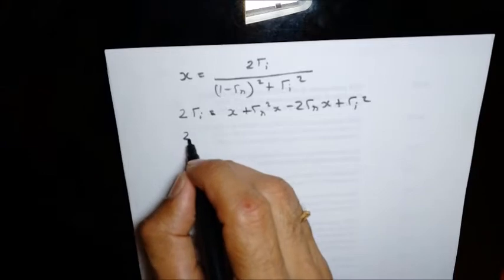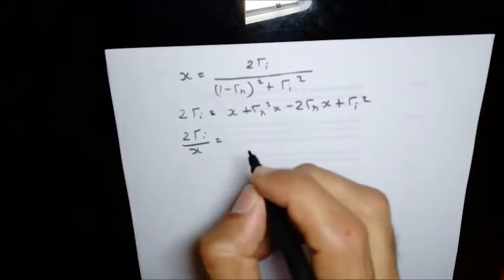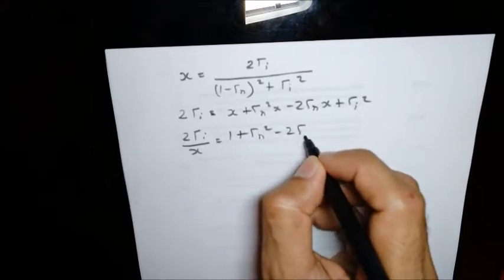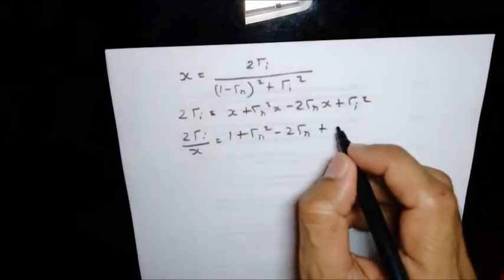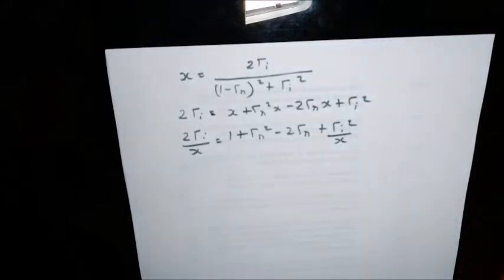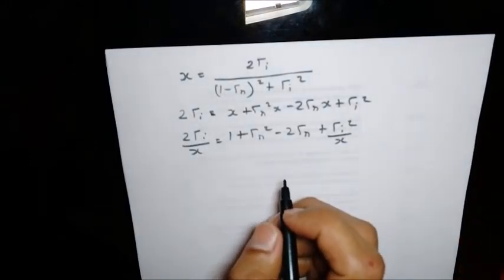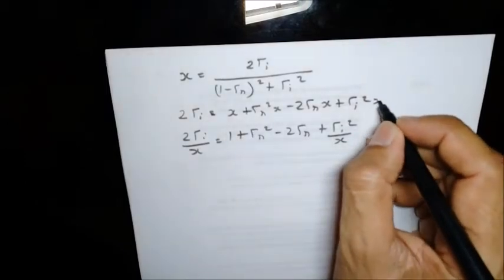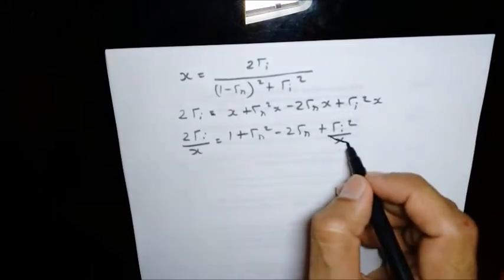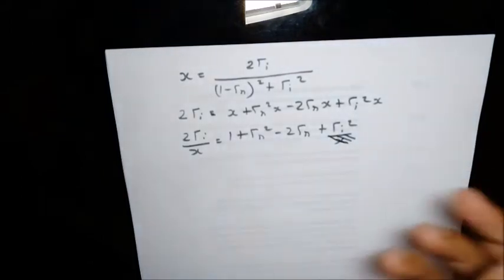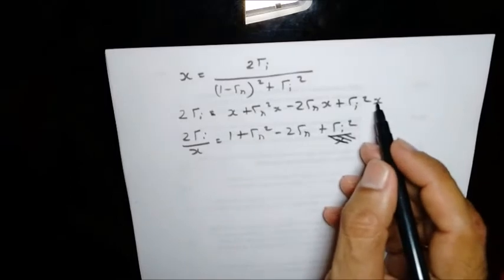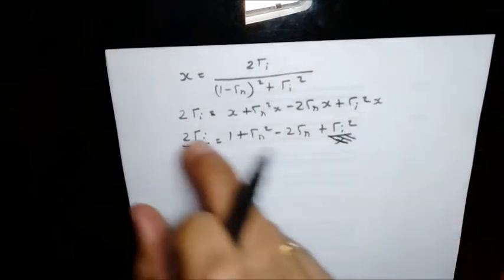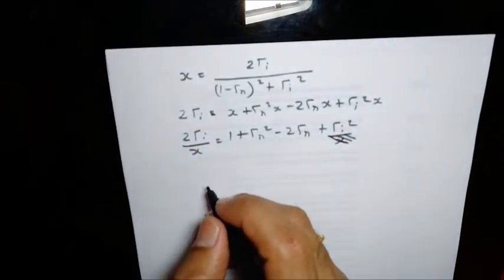So dividing by x, we get it like this, and there is a small mistake here. There should have been an x here, so that means there is no x here. It's a small discrepancy. I've corrected it here. There should have been an x here, which I didn't write earlier, and consequently there is no x here because I'm dividing both sides by x.